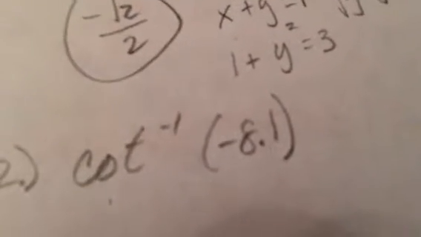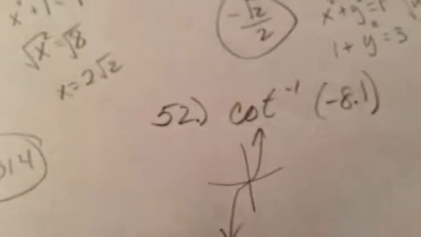Now, this one's trickier. Cotangent doesn't quite relate as nicely to tangent. If you remember when we graphed tangent, tangent went over the x-axis. Do you remember how we were graphing tan and tan goes like this? So tangent is an odd function, and that's why we talk about inverse tan being just like inverse sine.